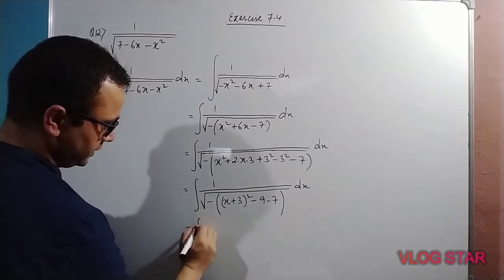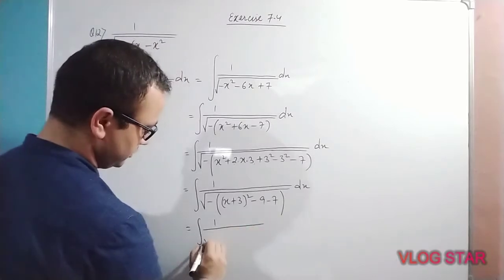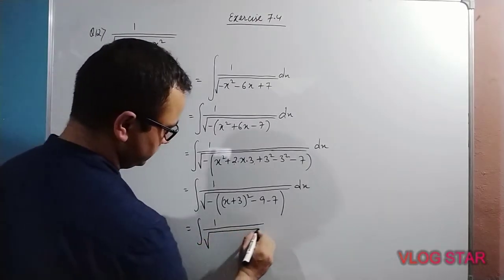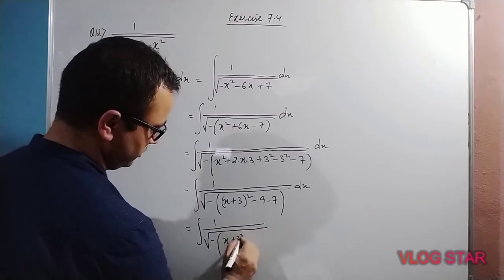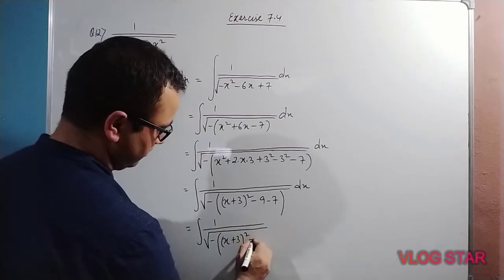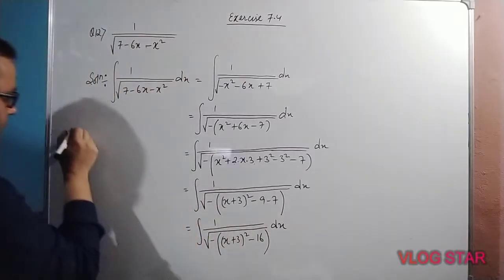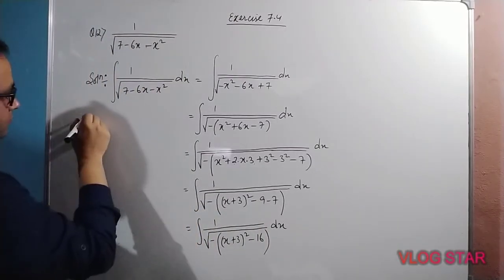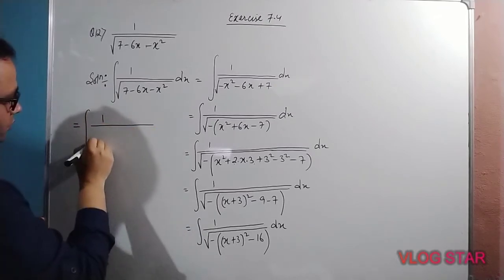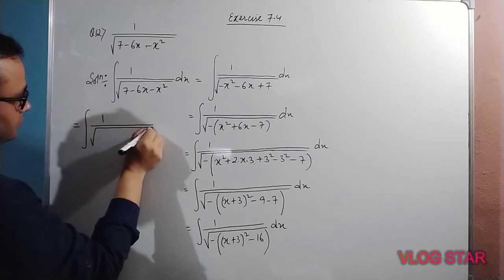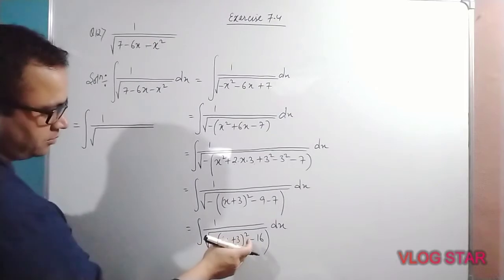This equals integration of 1 by root over, here it is minus, x plus 3 whole square minus 16 dx. This equals integration of 1 by root over, now multiply with the sign, minus into plus is minus, minus into minus is plus.